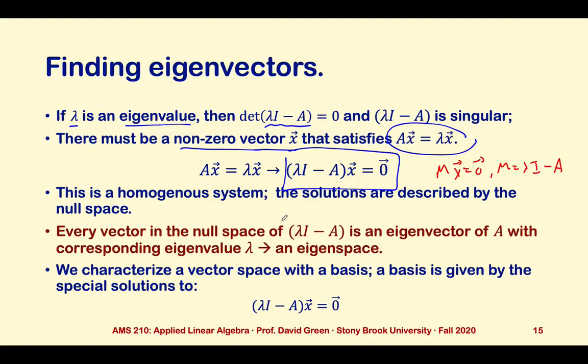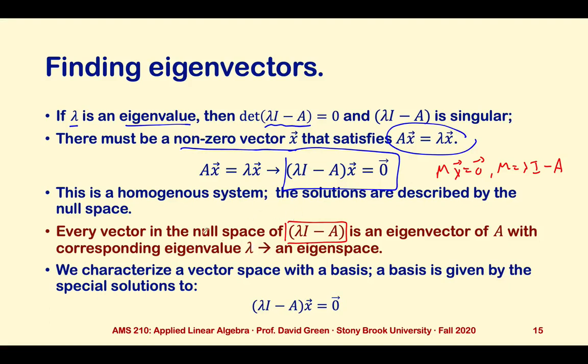We're looking for non-zero solutions to a homogeneous system. The solutions of a homogeneous system are the null space of that matrix. Every vector in the null space of this lambda I minus A is an eigenvector of A with corresponding eigenvalue lambda.